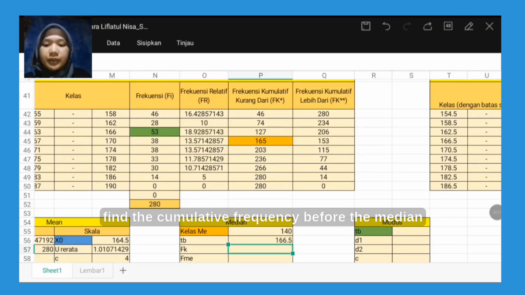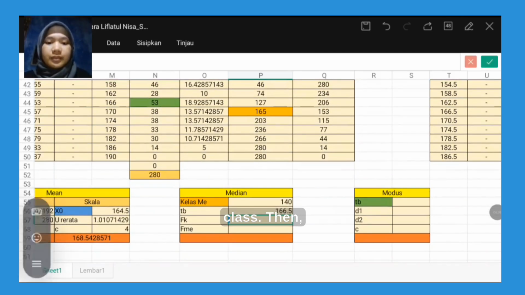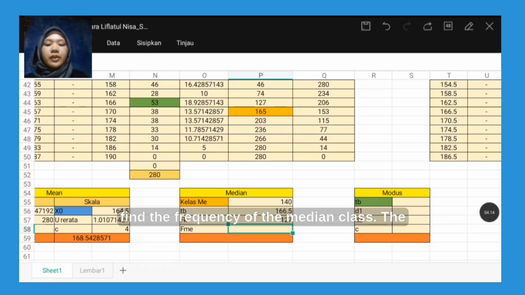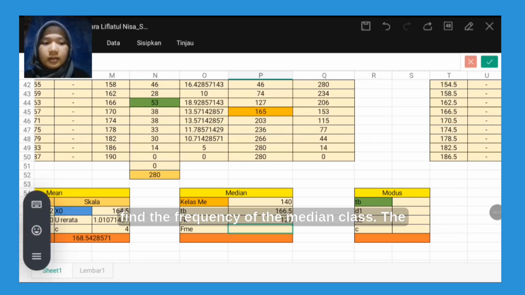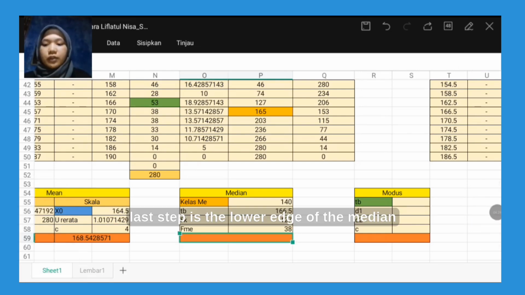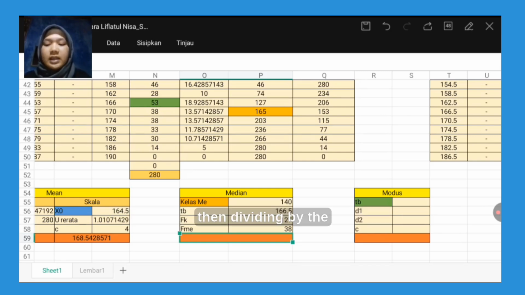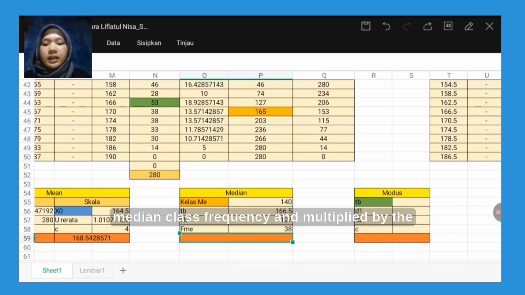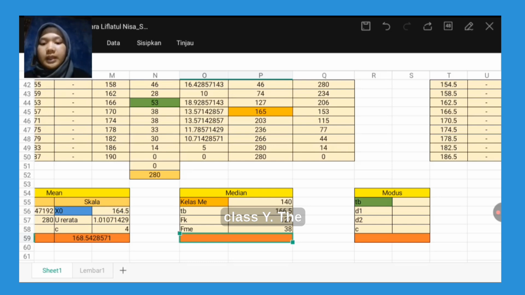Then, find the cumulative frequency before the median class. Then, find the frequency of the median class. The last step is the lower edge of the median class plus the result of half the total frequency minus the cumulative frequency before the median class, then dividing by the median class frequency and multiplied by the class width.